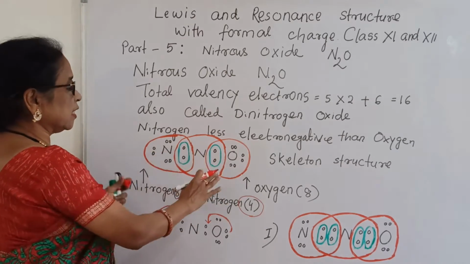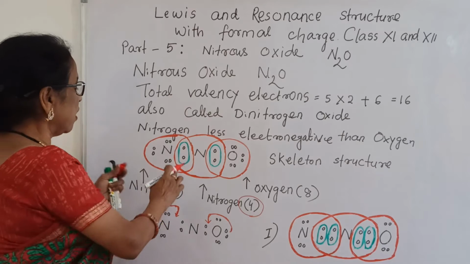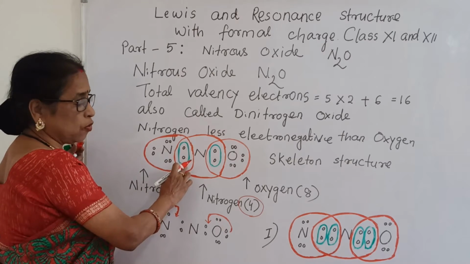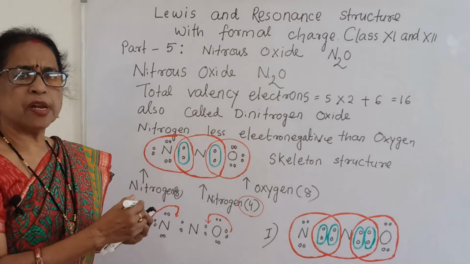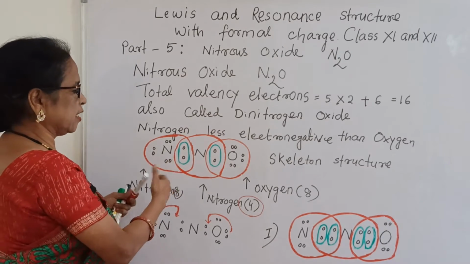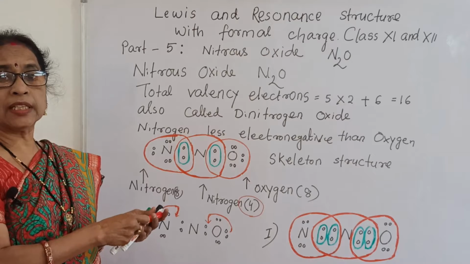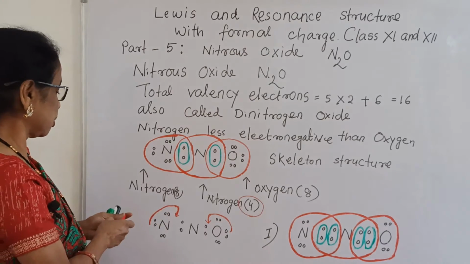That means this is the skeleton structure, where this is a covalent bond, and this is also a covalent bond. Then what are the possible Lewis structures? Because this is the skeleton structure, what are the other possible structures?